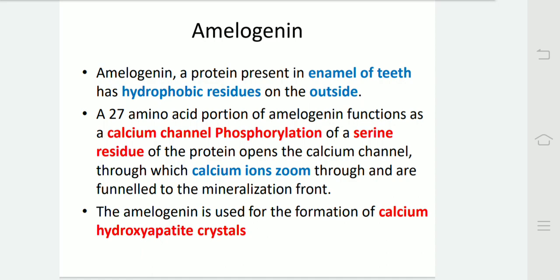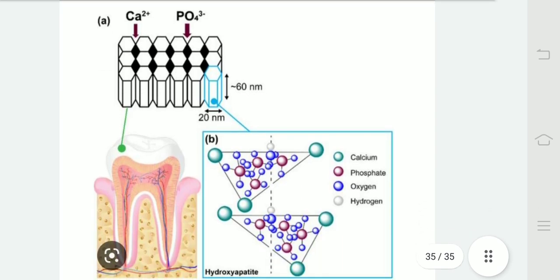Phosphorylation of a serine residue of the protein opens up the channel through which calcium ions zoom through and are funneled to a mineralization front. The amelogenin is used for the formation of calcium hydroxyapatite crystals. In this diagram, we can see that amelogenin is in the enamel of the teeth.